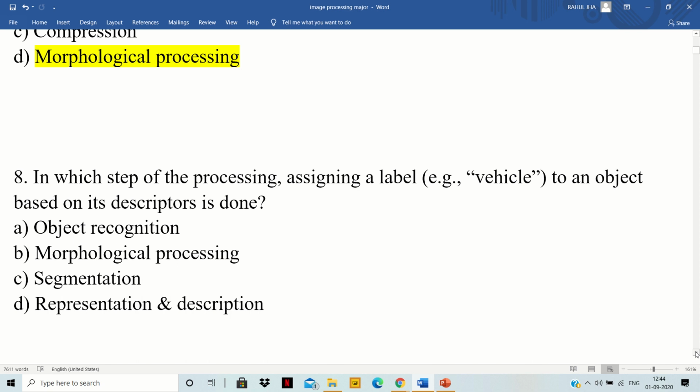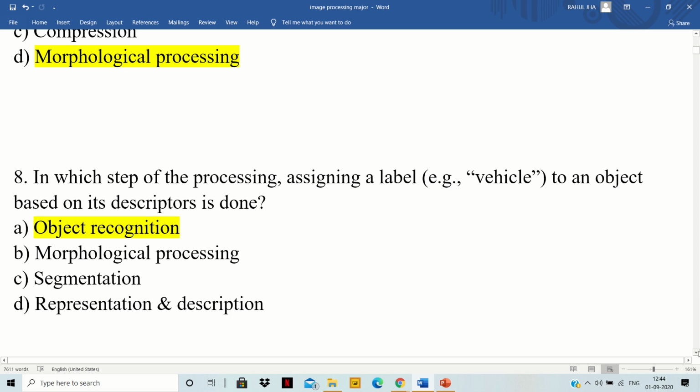It means we have an image and we have some properties, that there is a tire, there are some components of a car. And then we are assigning it a label, yes, that this is a vehicle, right? So that step, the answer will be A, which is object recognition.